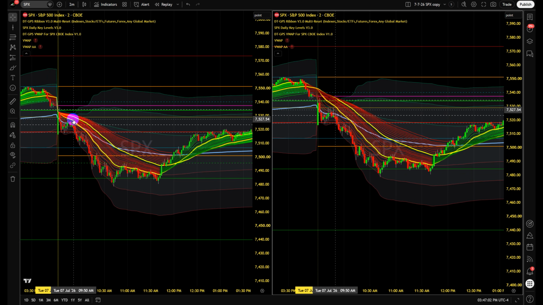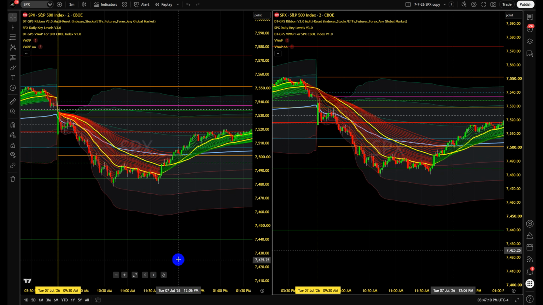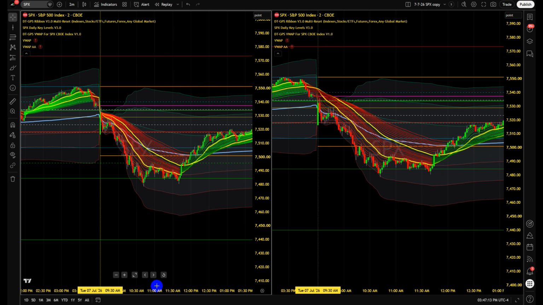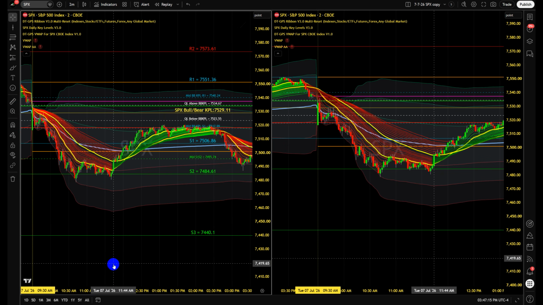And as you can see here, we did get a move down. This blue line here is the R1 level. We'll go ahead and put the levels back in now that we've gotten through zooming in on that.